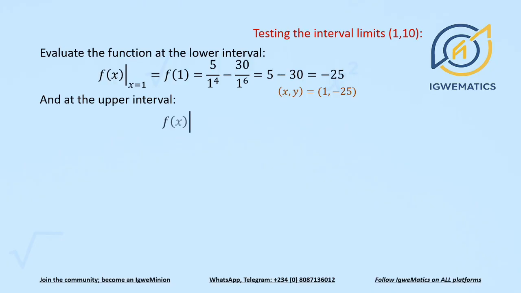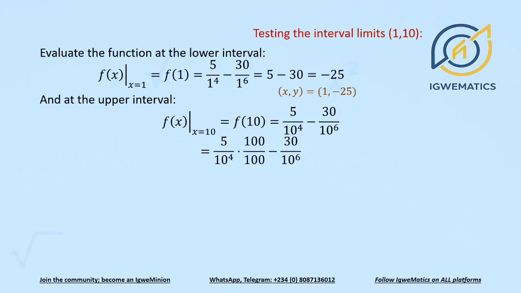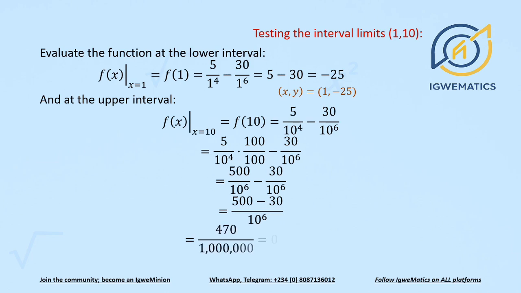And at the upper limit, at the upper interval, we are evaluating f(x) at x equal to 10. And we get 470 divided by 1 million, which is equal to 0.00047. Therefore, the third point (x, y) is (10, 0.00047).